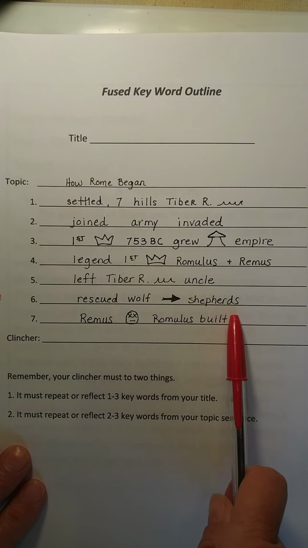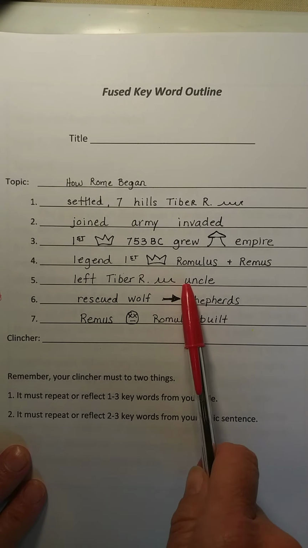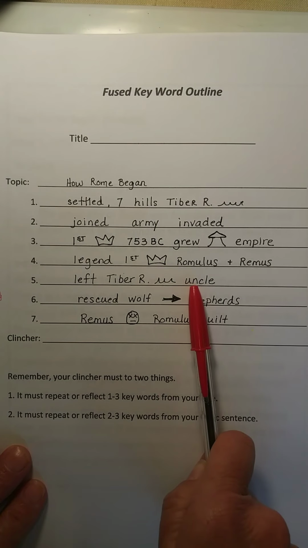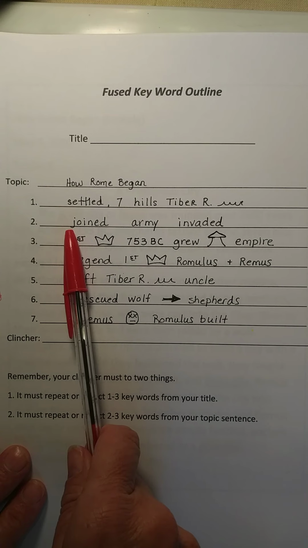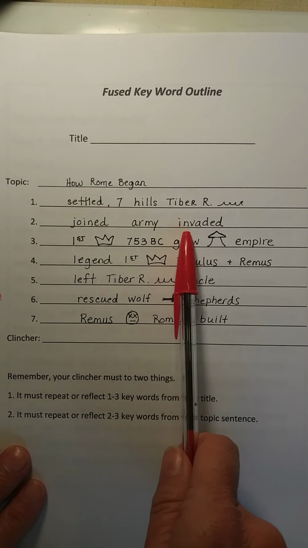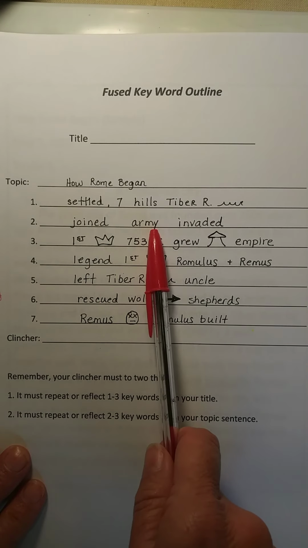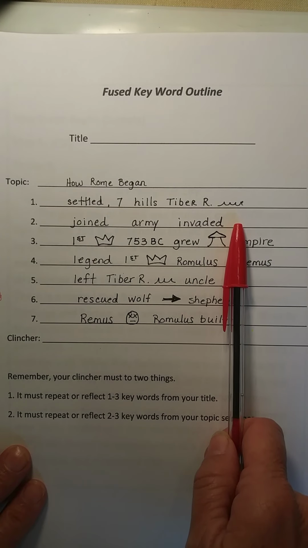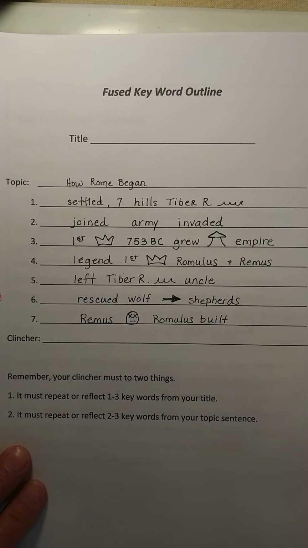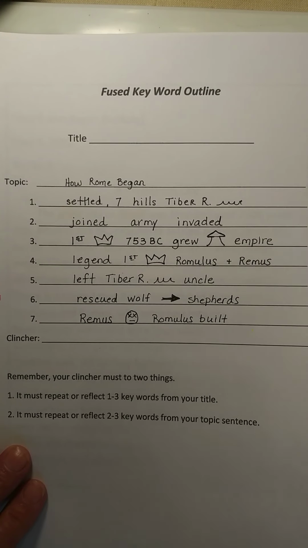Or you could say, supposedly their evil uncle left them in the Tiber River. Up here you could say, eventually they joined into an army and invaded surrounding territories. Okay? So try to incorporate those new sentence openers as you're writing your paragraph.